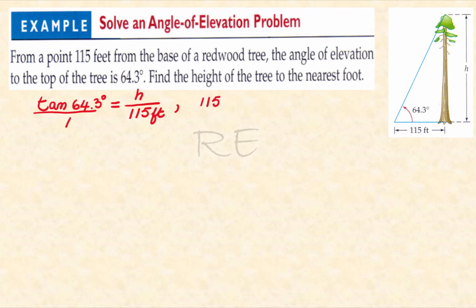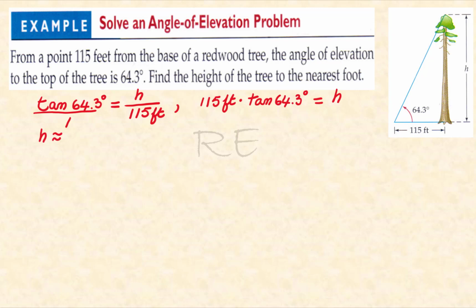When we cross multiply, we get 115 times tangent 64.3 degrees is equal to the height of the tree, h.